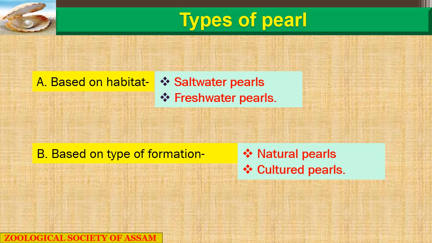The natural pearls are made by oysters accidentally and are very rare. The cultured pearls are made by inserting small beads and a piece of donor mantle tissue into the reproductive organ of a saltwater oyster, or by simply inserting a piece of donor mantle tissue in case of freshwater pearls.